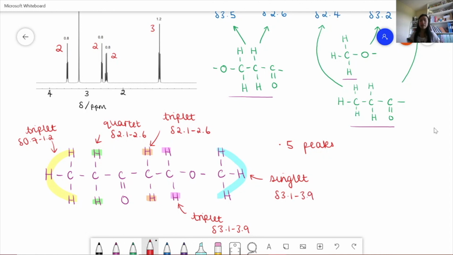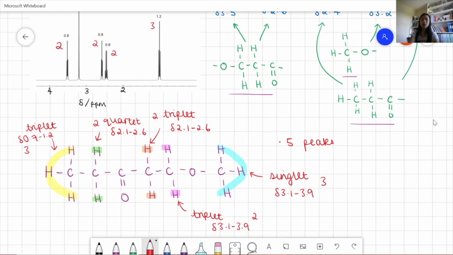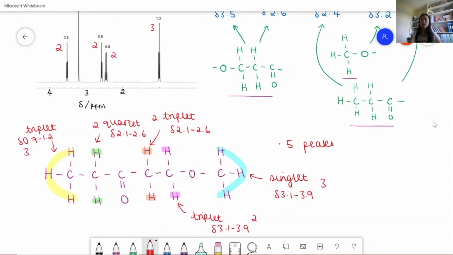And also we can look at the relative intensities. So this would be 3, and then 2, and 2, and 2, and 3. So now looking back at the spectra, we can see that this is the case, because we have a triplet between 0.7 to 1.2. So that would be this one here.